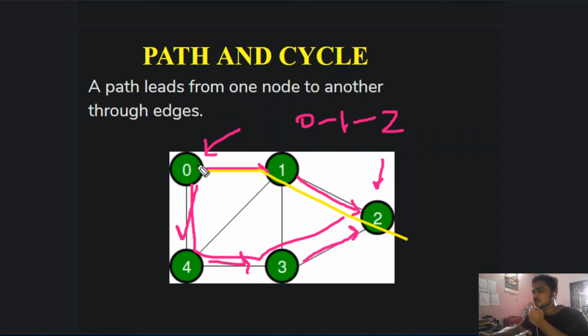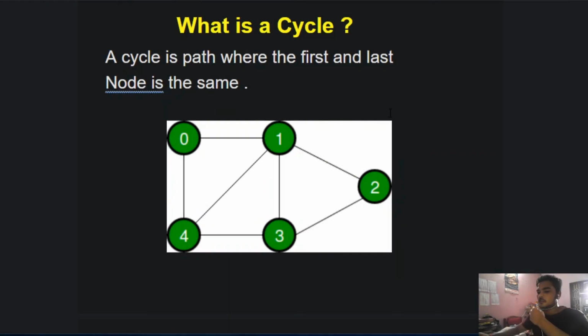It's very simple. Now let's see what is a cycle. A cycle is a path where the first and the last nodes are the same. For example, if we consider this node 1, and we go from 1 to 4, 4 to 3, and then from 3 to 1, what does this make it? This is a cycle, right?